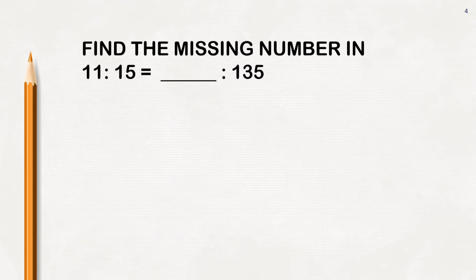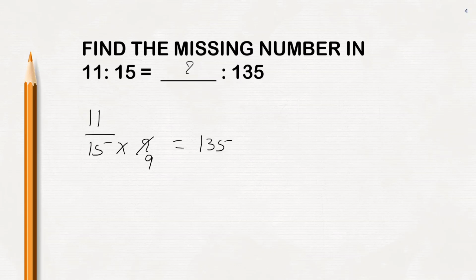Here is one more question. Find the missing number in 11:15 equals what is to 135. Now 11 by 15. 15 into what equals 135? Yes, 15 into 9 equals 135.